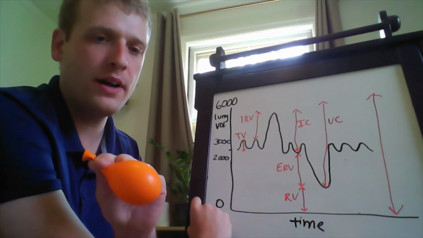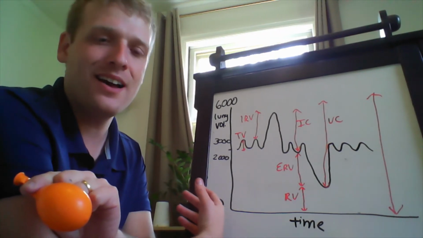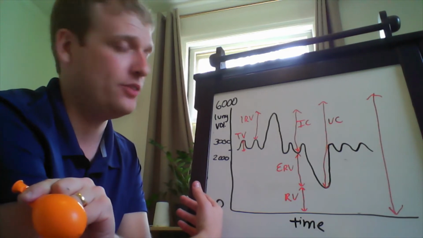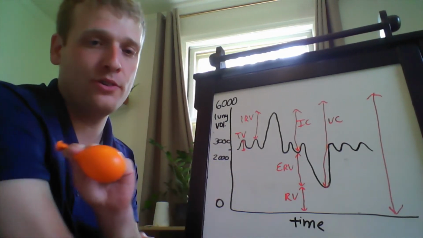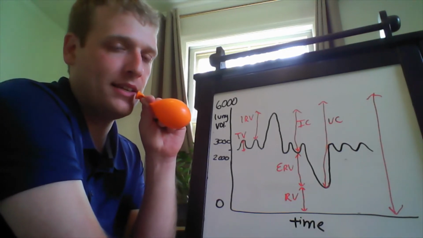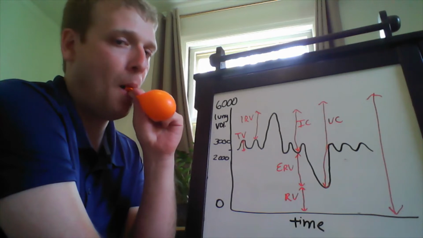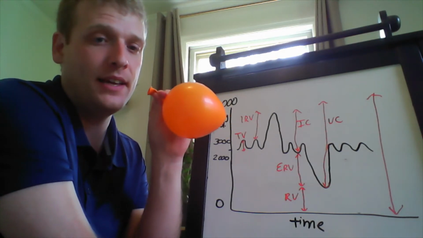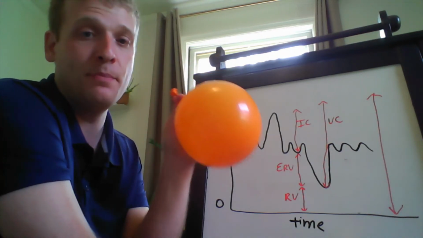But the normal breath that you take during a resting period is not usually as deep as it's possible for you to breathe in. There's some extra what's called inspiratory reserve volume. So let's go back to that normal tidal volume again. Normal breath in. And let's say you keep breathing in as much as you can.